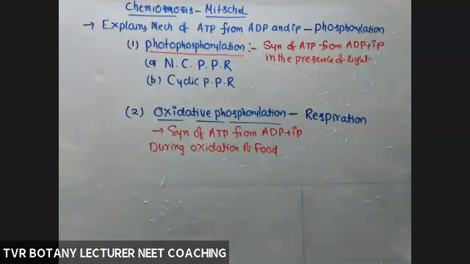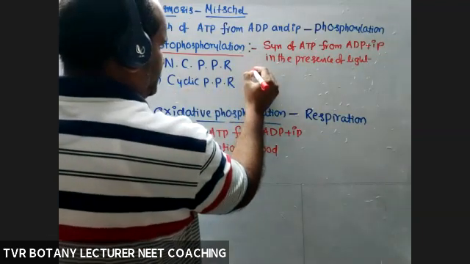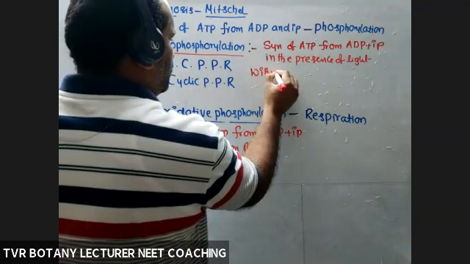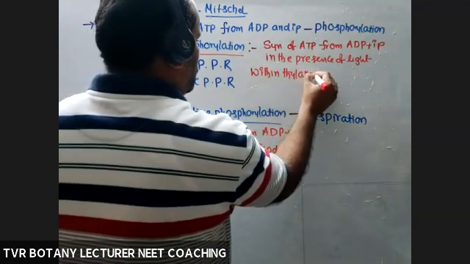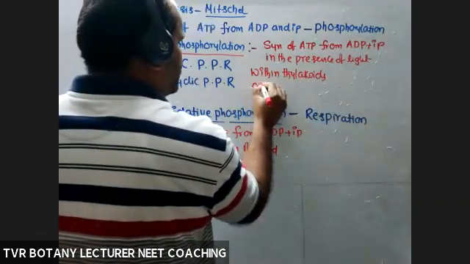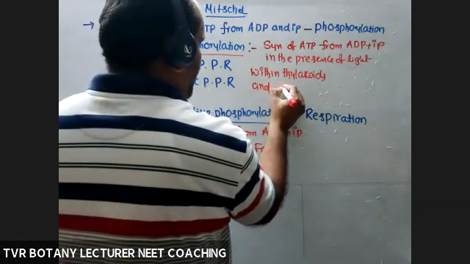During respiration. So photophosphorylation occurs within the thylakoids of chloroplast, and in the case of cyanobacteria, chromatophores.